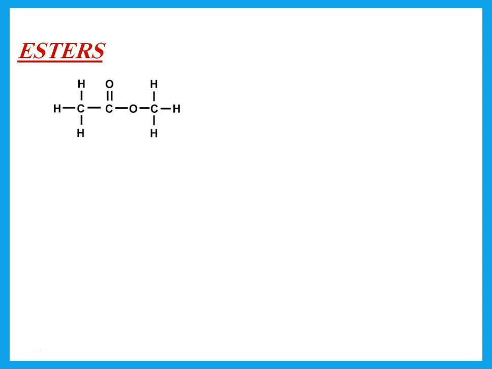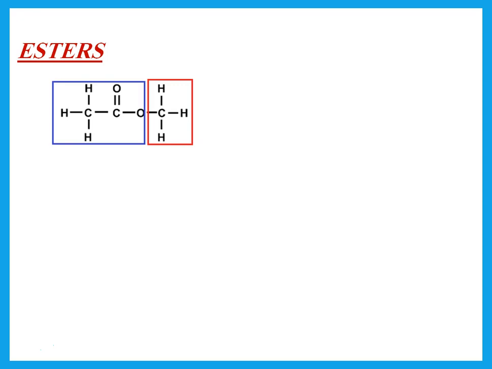Again, let's try naming esters. Esters are made from alcohols and acids. If we draw this as an ester, which part was the alcohol and which part was the acid? Remember the part in the red box there? That was the alcohol, the part after C double bond O, O something. The part in the blue box was the acid, the part that has the C double bond O. The alcohol is the one on the right.